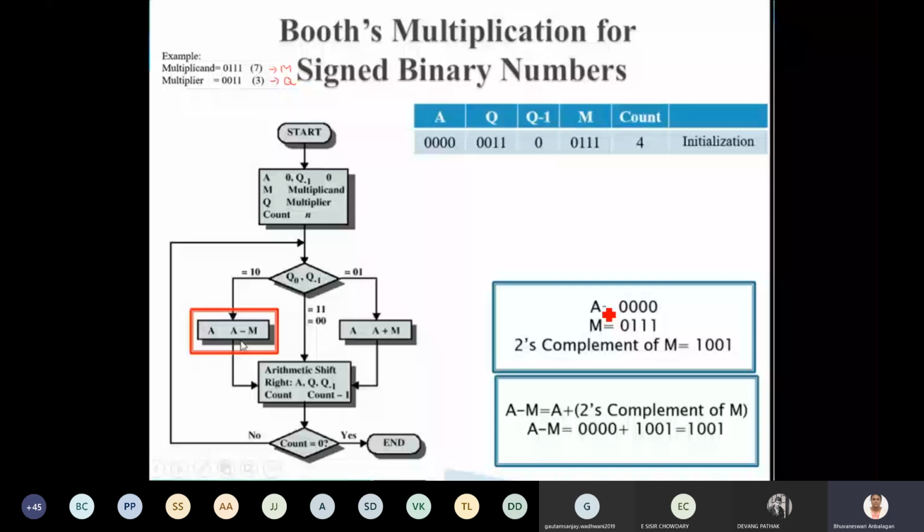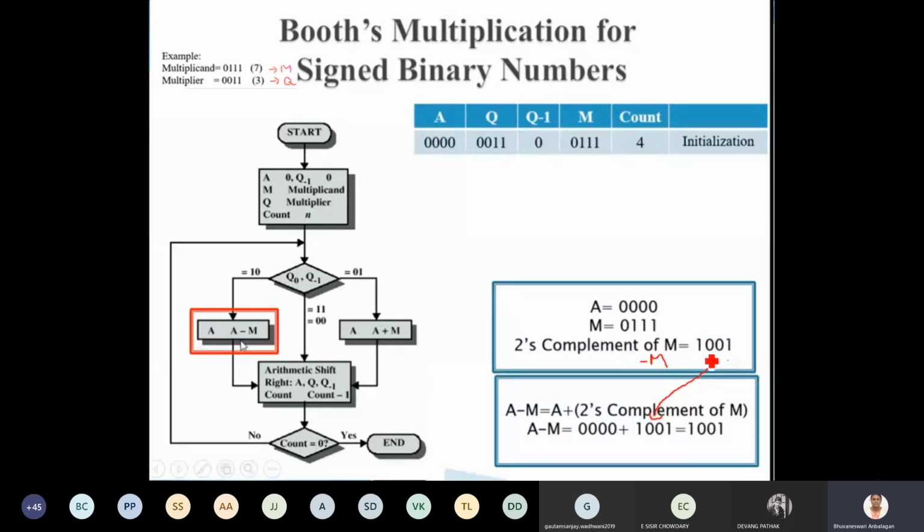This is actually minus M. Am I right? So if you want to perform A minus M, that is equal to A plus the 2's complement of M. What is the 2's complement of M actually? It is nothing but 1001. So A plus minus M.